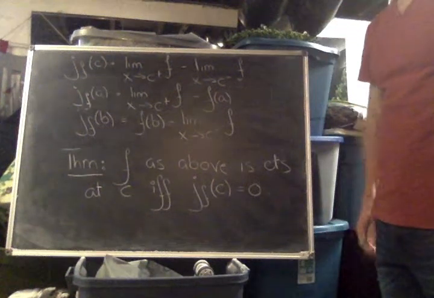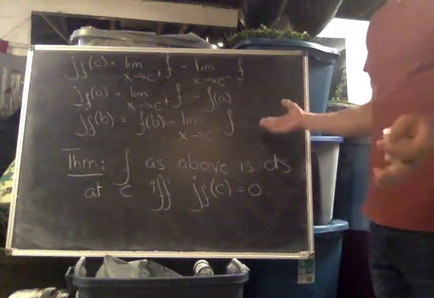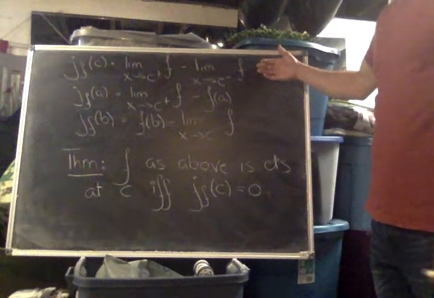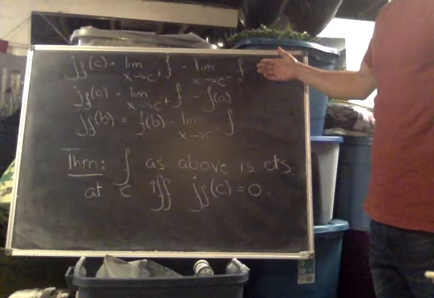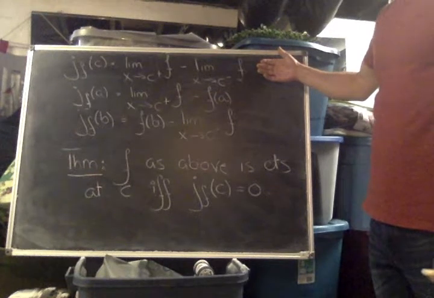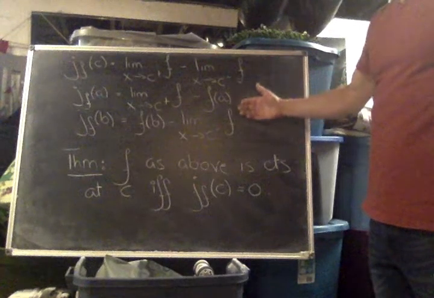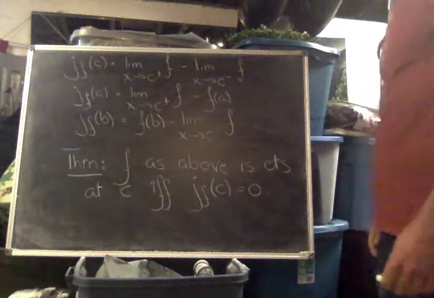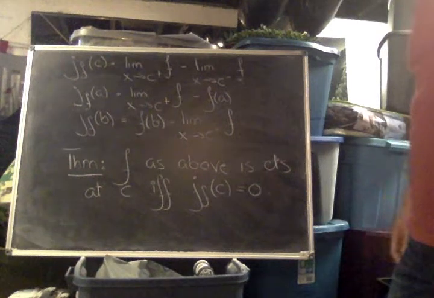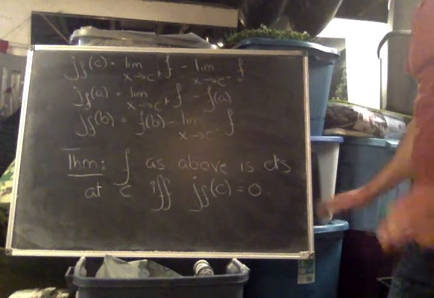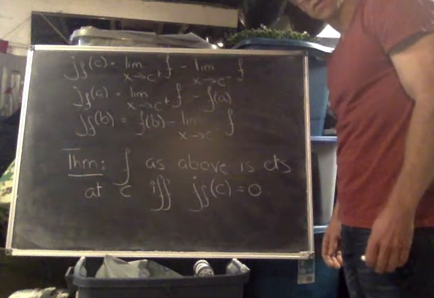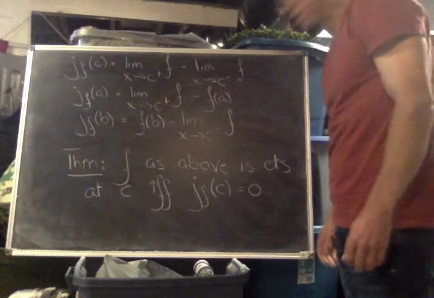Which makes sense. If your function is continuous, then the limit from the left and the limit from the right should be equal, therefore this is 0. Or, in the case of the endpoints, these two quantities would be 0 if you were continuous at the endpoints. So this is just a convenient way to summarize what it means for an increasing function to be continuous at a point C.